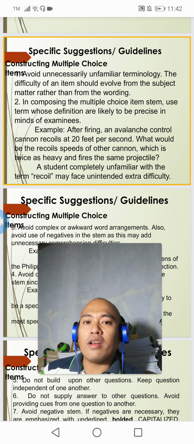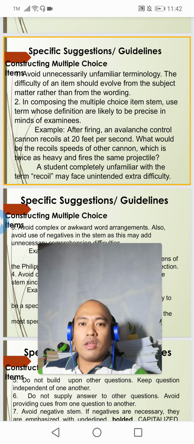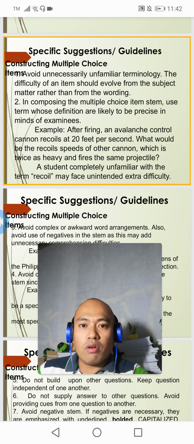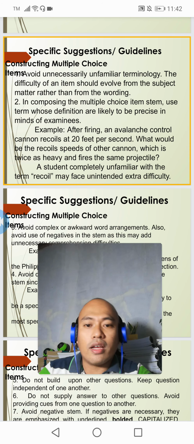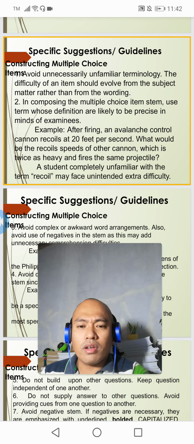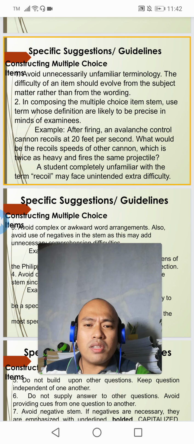After firing, an avalanche control cannon recoils at 20 feet per second. What would be the recoil speed of another cannon, which is twice as heavy and fires the same projectile? If you are to analyze this, it is very difficult to understand what the statement is saying.